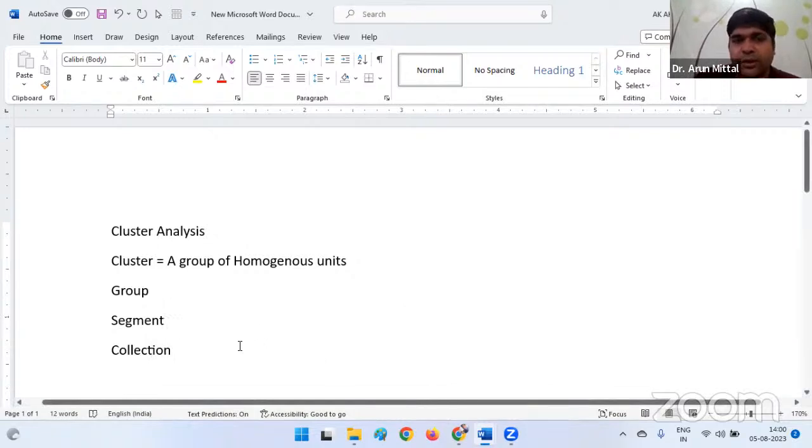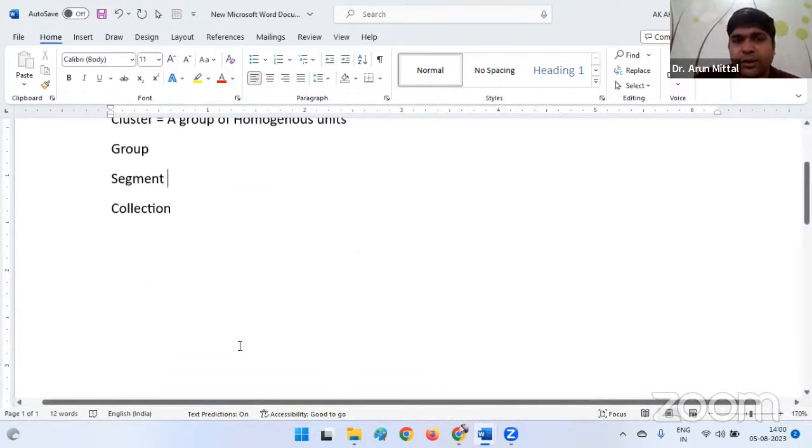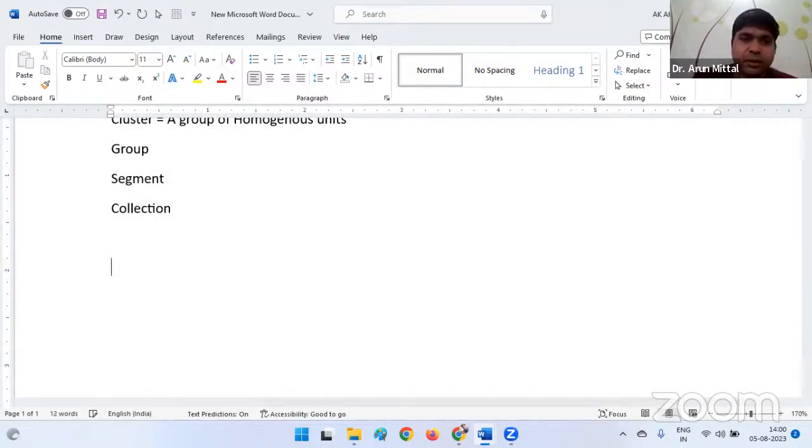Now, if I have two clusters, what should be the quality of the two clusters?